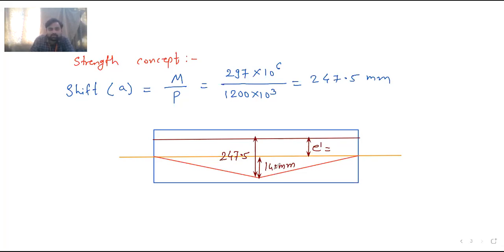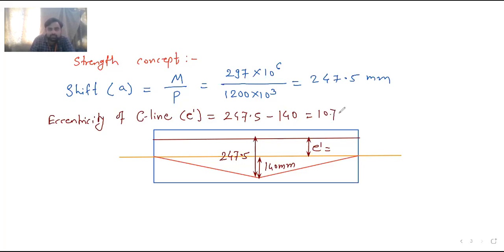Here I will write: eccentricity of C line E dash is equal to 247.5 minus 140, which is 107.5 mm.